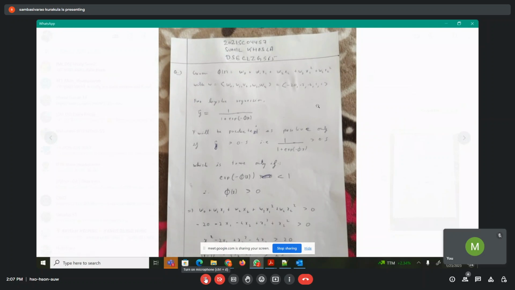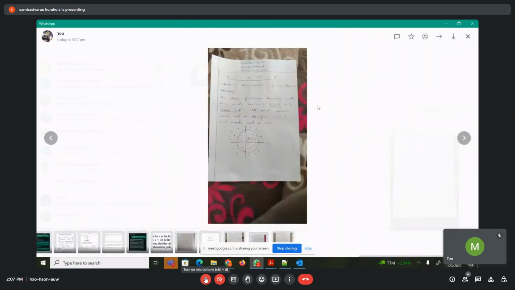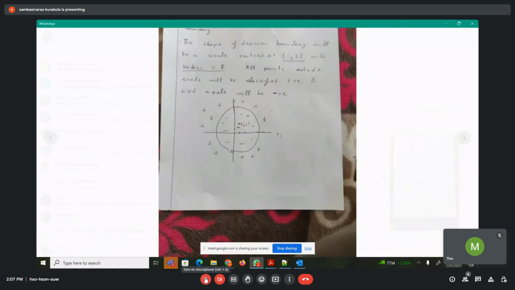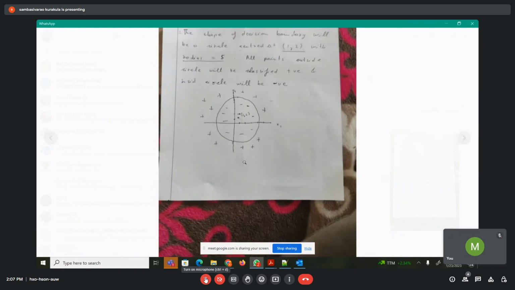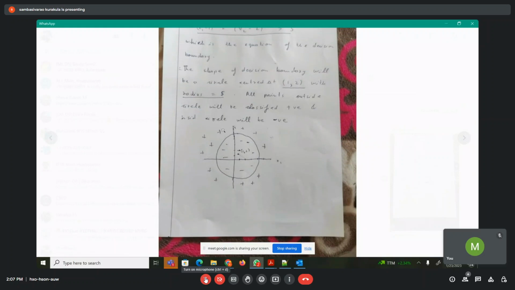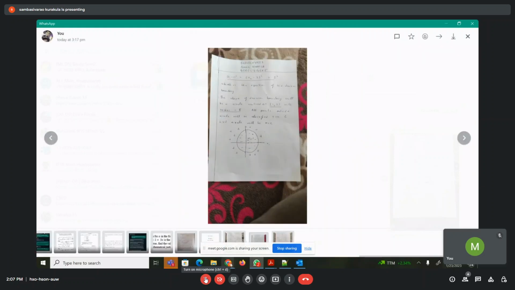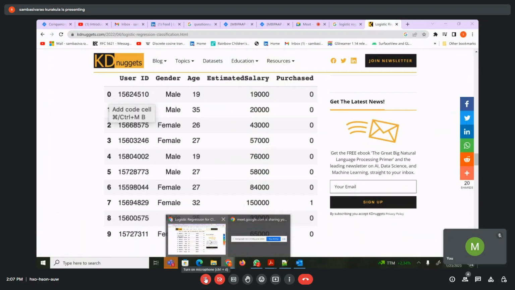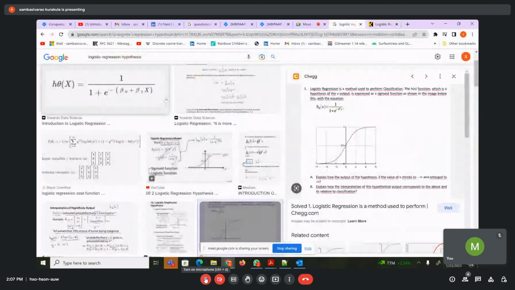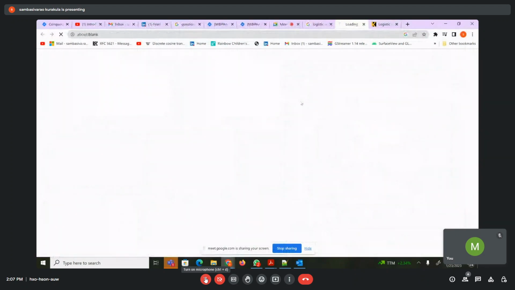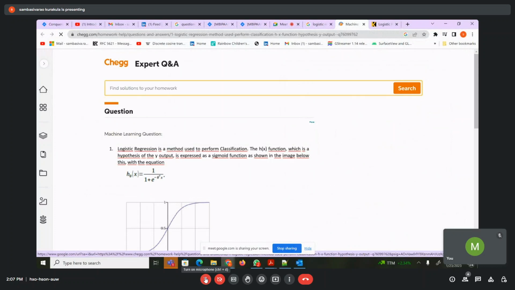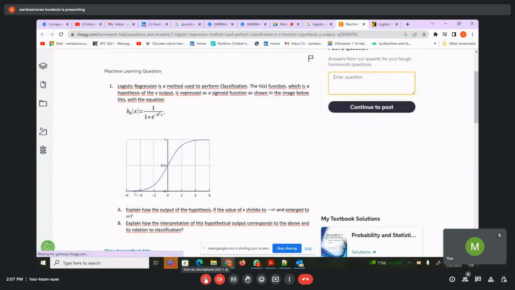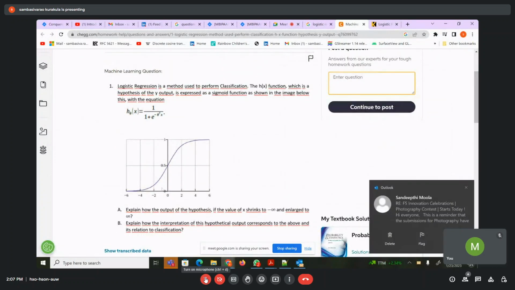So generally, let me show you the solution. In this solution, you will form a circle with 1 comma 2, and never in logistic regression do you get a circle. In logistic regression you will mostly have this kind of curve only. This is the theta transpose x curve. It will be like this.